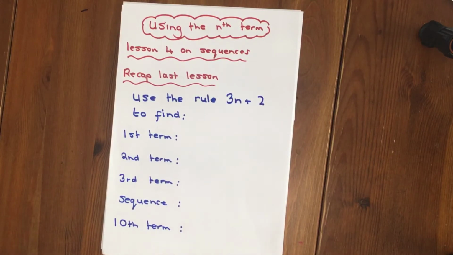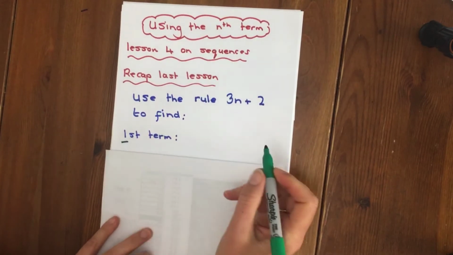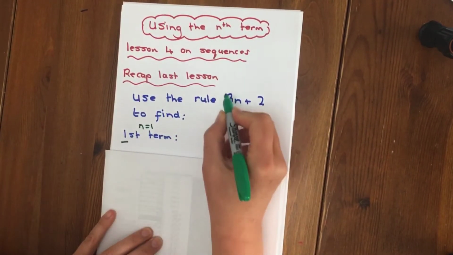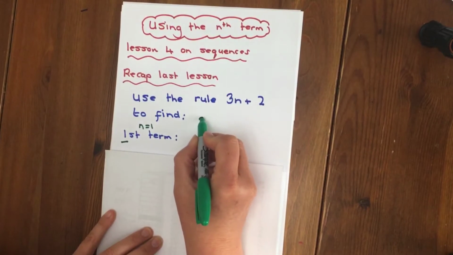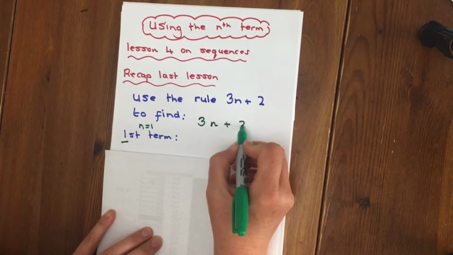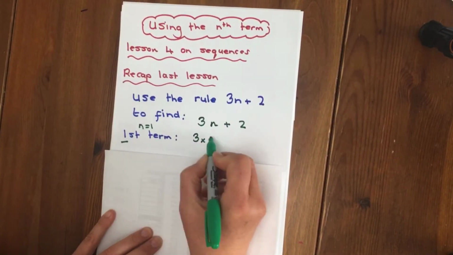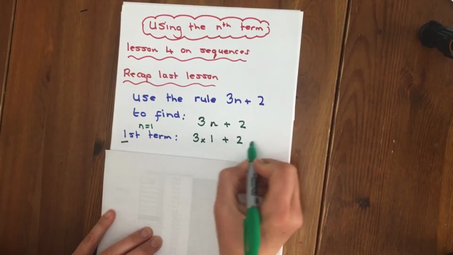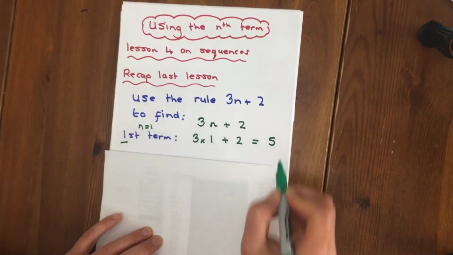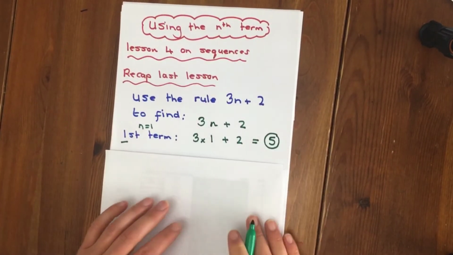What we do when we're finding the first term is we put n equals 1 into my rule. So the 3 stays the same, the n changes, and I add 2. So 3 times n is 1 plus 2. 3 times 1 is 3 plus 2 is 5. So my first term is 5.